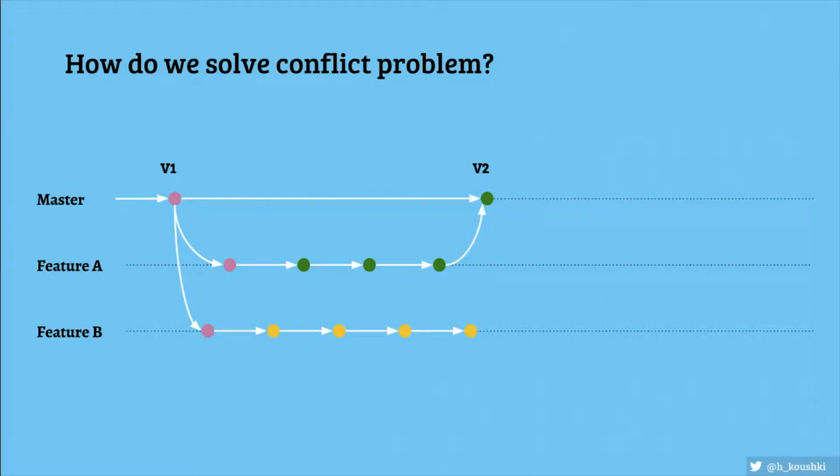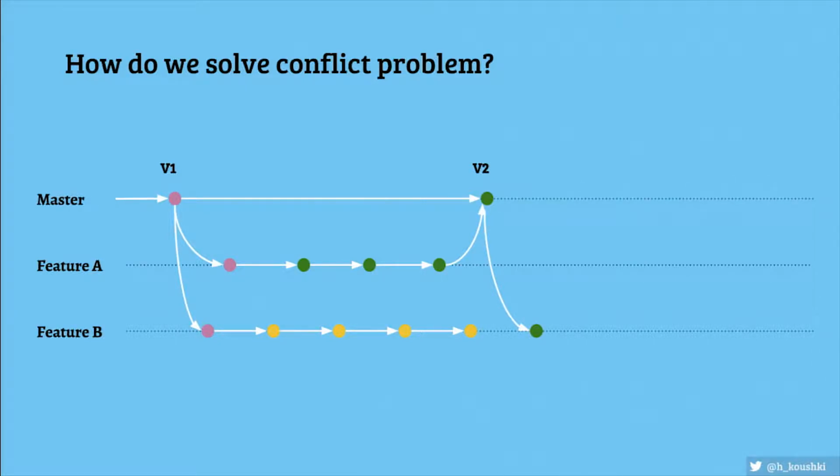If it is the first feature, then of course you don't have a conflict problem, right? Because it is the same as master with some commits on top of that. And then Inflow is also responsible for updating other branches as well. So this part will be done automatically. When you merge feature A to master, Inflow is responsible for updating feature B as well.